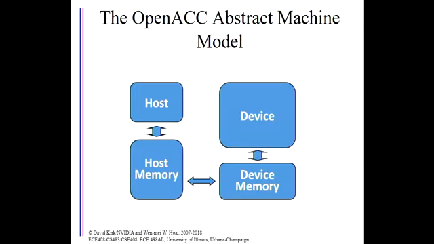So here is the common machine mental model that the programmer should have with the compiler writer. The compiler writer assumes that if the programmer is expressing that pragma to the compiler, then the programmer is thinking about a host with a host memory, and then a device with device memory, and the host memory and device memory can have some kind of exchange through memory copy, right?